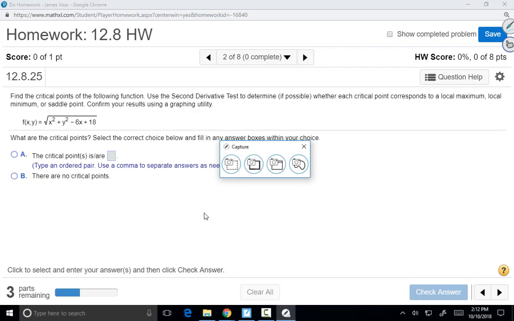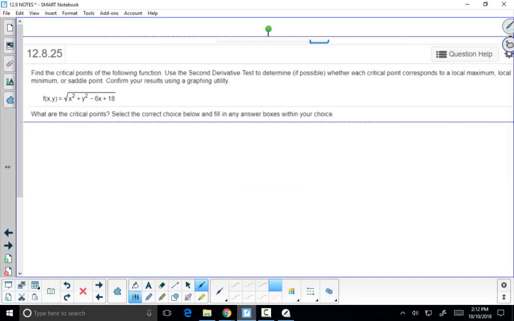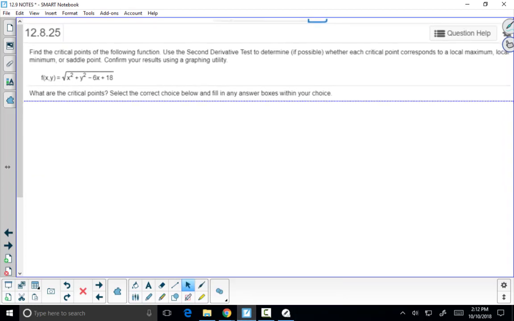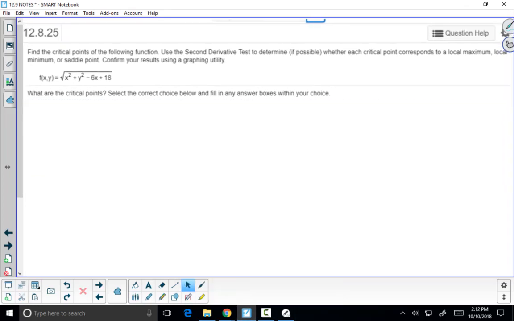All right, so 12.8, this is number 2. Use the second partials test to determine whether each critical point is a max or a min.